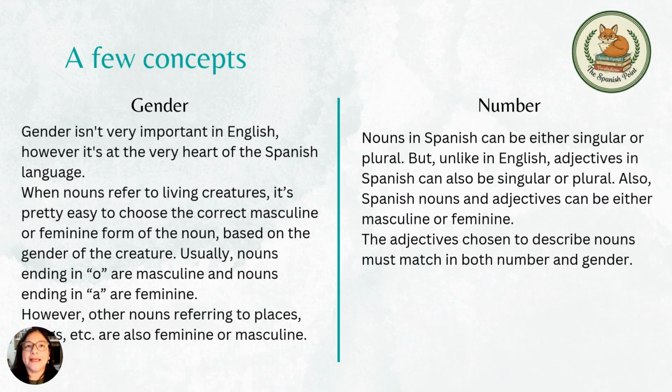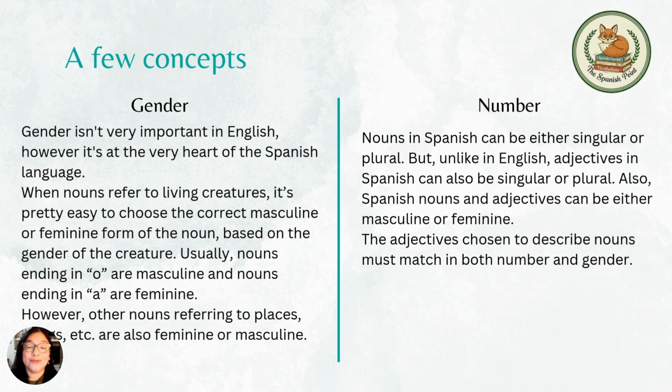Now, another important thing to know when you are learning Spanish is how important the idea of gender, number, but mainly gender, is. It is at the very core of the Spanish language because every word in Spanish is feminine or masculine. It's easy to identify when we're talking about living creatures.